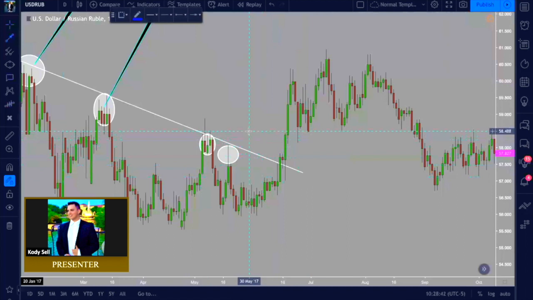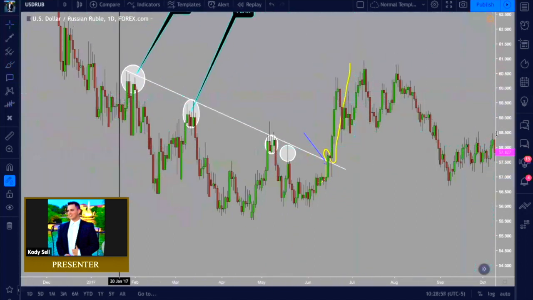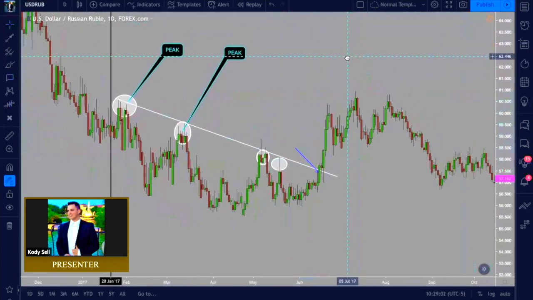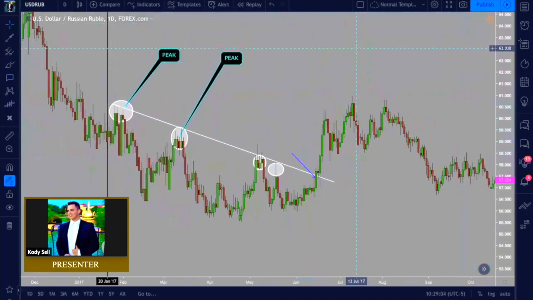Here we have a strong candle breach right here, and then look what happens. Real simple, price strong breach, retest, held as support now, and then off we go. All right, real simple. So very similar to horizontal support and resistance, it's just that we're now turned diagonal.